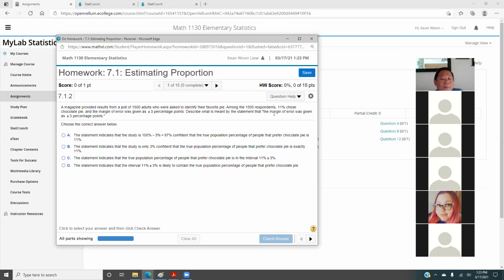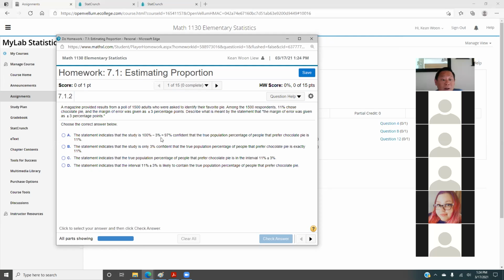So the question is asking for the margin of error, right? What is the plus or minus statement that the study makes? Which one is the correct one?